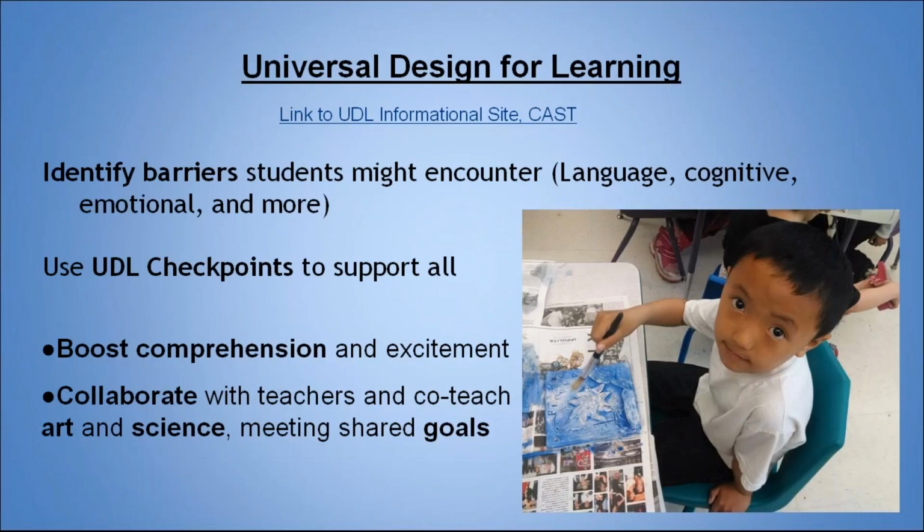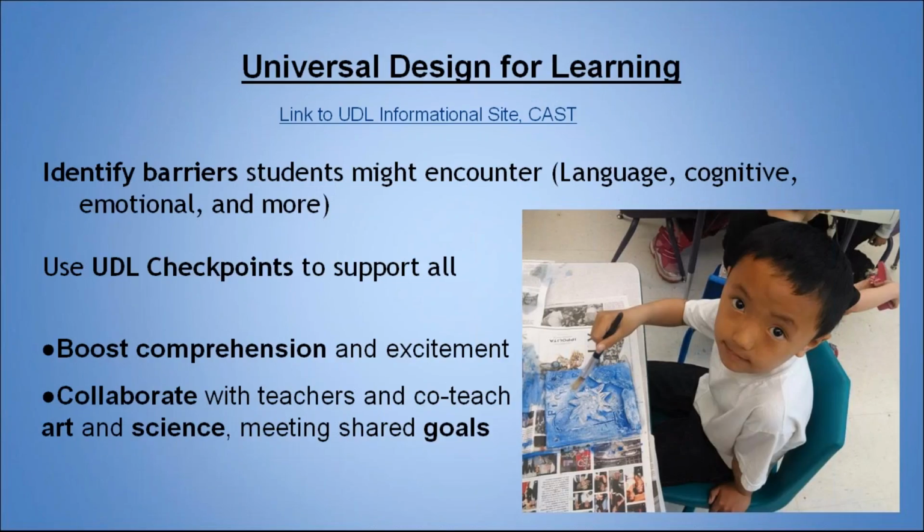Universal Design for Learning is a way for educators to identify barriers in their environment and in their teaching that might take away from the students' learning experience. And then it gives you a framework for designing your teaching to enhance the abilities of all the students.